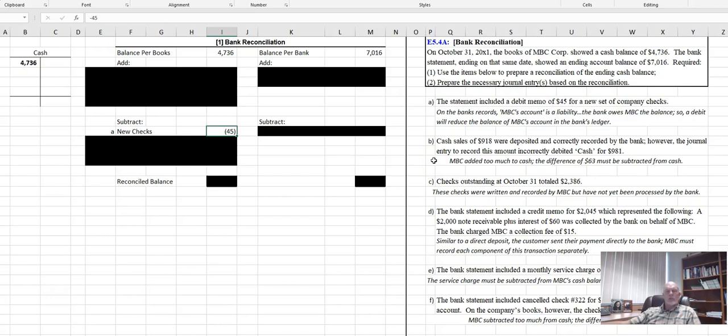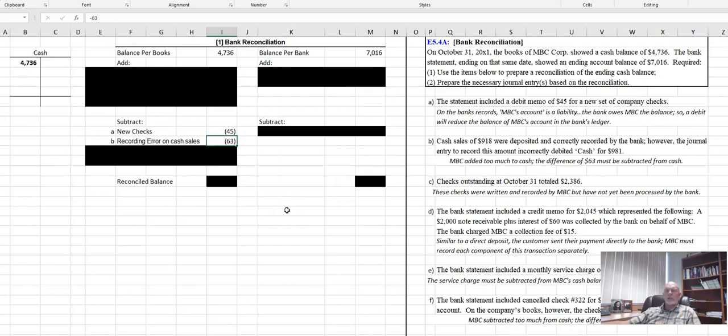That's called a transposition error. And so we recorded $981. We recorded too much cash. So we need to back that back out. So we're going to subtract the difference there of $63 from our balance.